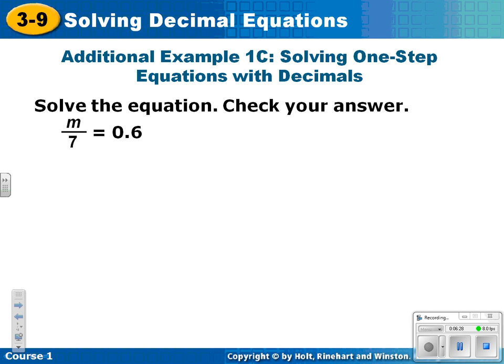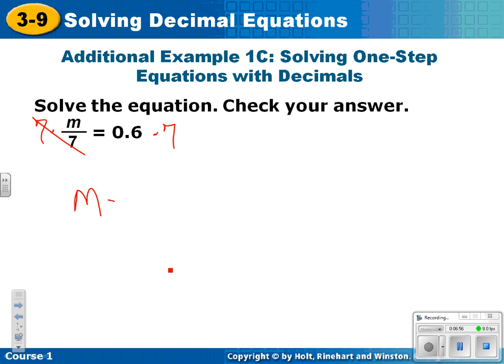What is that? Alexis? Variable. The variable is being divided by 7. What's the exact opposite of dividing by 7? Multiplying by 7. Do it to both sides.